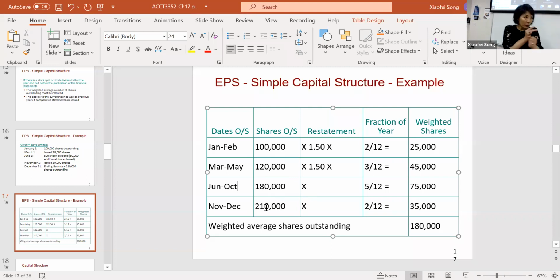So for a stock split and a stock dividend, not only do we adjust the number of shares outstanding, like we did here, where we add 60,000 shares, that's 50% more than before, we also restate the periods before that, to convert these old shares into equivalent new shares, right? So for these two periods, we have this readjustment, restatement.